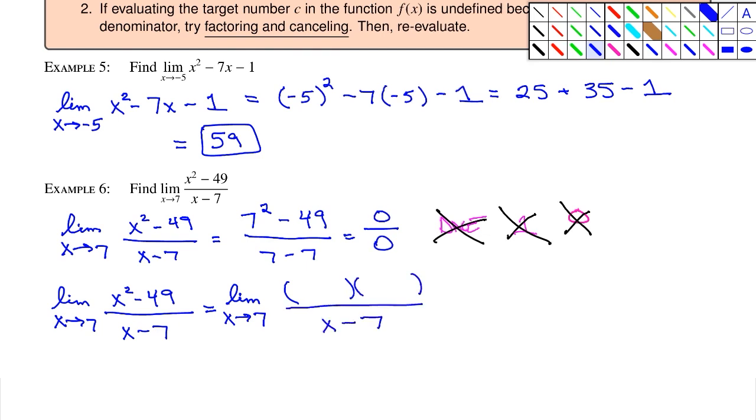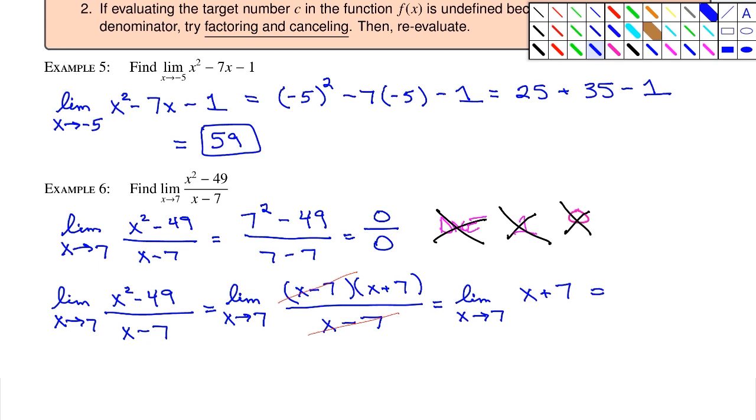And so x squared minus 49 factors as x minus 7 and x plus 7. And then I can cancel the x minus 7s. And that leaves me with the limit as x approaches 7 of x plus 7.